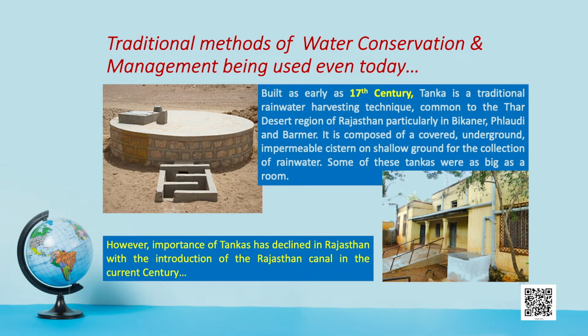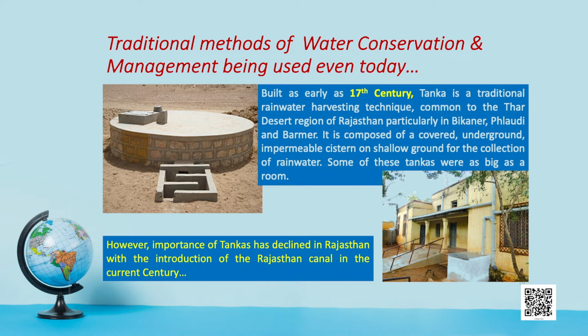Tanka, built as early as the 17th century. Tanka is a traditional rainwater harvesting technique common to the Thar desert region of Rajasthan, particularly in Bikaner, Phalodi and Barmer. It is composed of a covered underground impermeable cistern or shallow ground for the collection of rainwater.